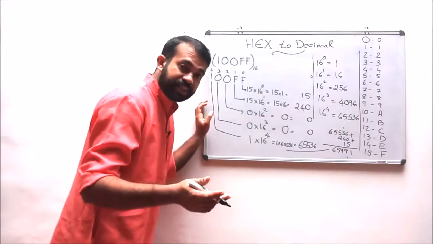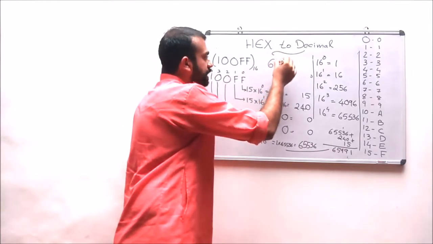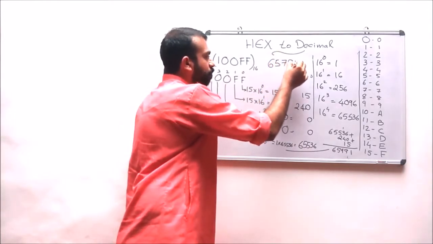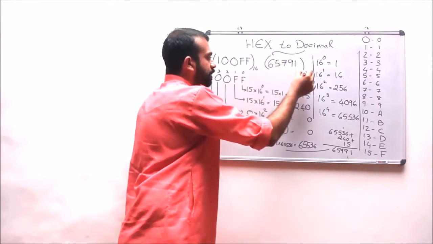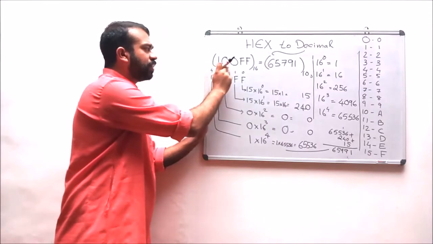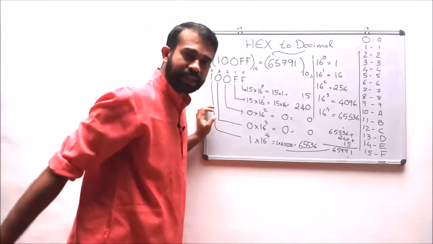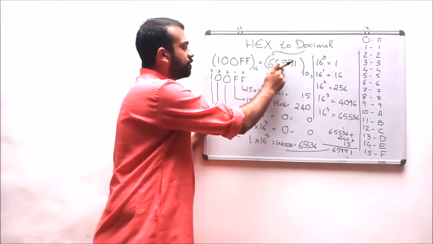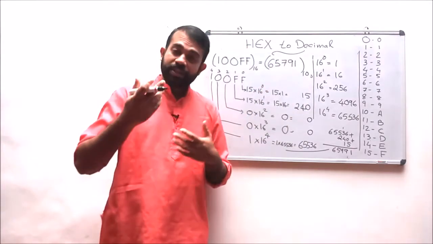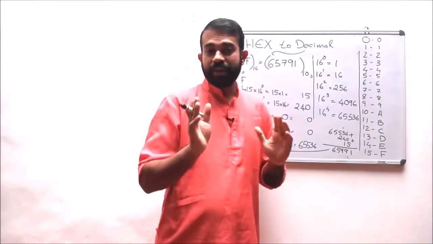So the final answer will be 65791 to the base 10. So the hexadecimal number 100F to the base 16 is equivalent to the decimal number 65791. My dear students, this is how we convert a hexadecimal number into a decimal number system.